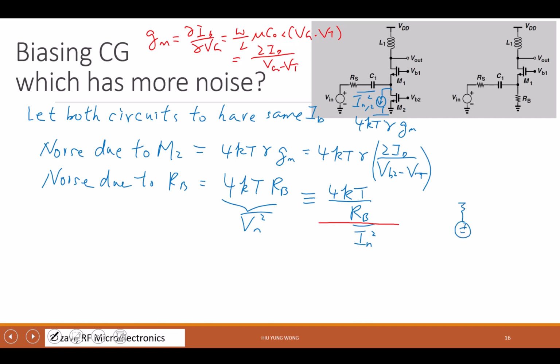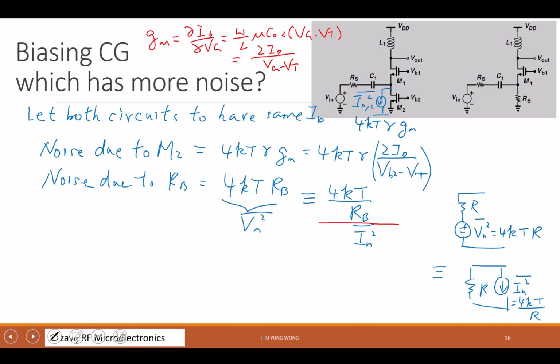You can have a noise source like this, Vn squared equals 4kTR. The whole thing is equivalent to having the R here, and then you have In squared equal to 4kT divided by R. Remember we talked about this before? Any question about this? Did I say something wrong?